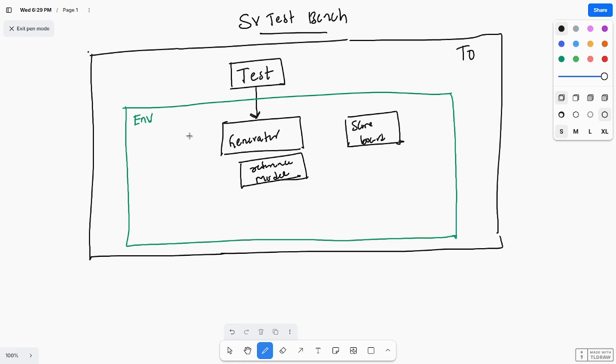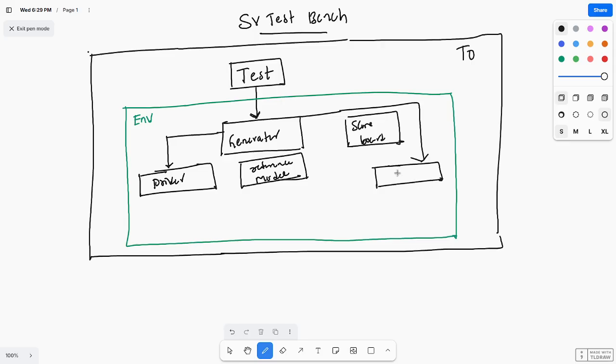This generator is connected to the driver. This is my driver. And from this generator it is connected to the scoreboard also, and the monitor. From this driver and this monitor it is connected to the DUT.